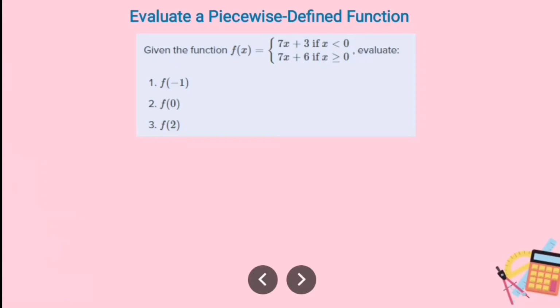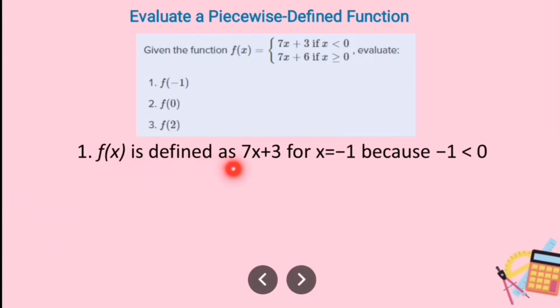No. So, f of x is defined as 7x plus 3 for x equals negative 1 because negative 1 is less than 0. So, you are just going to substitute the value of x into the equation, and that is 7 times negative 1 plus 3.